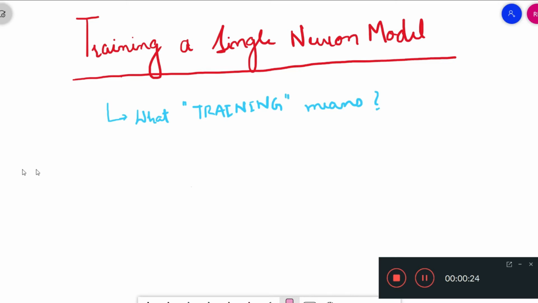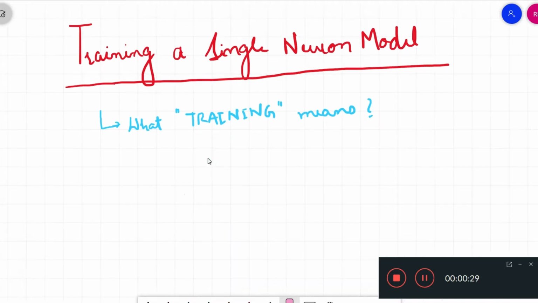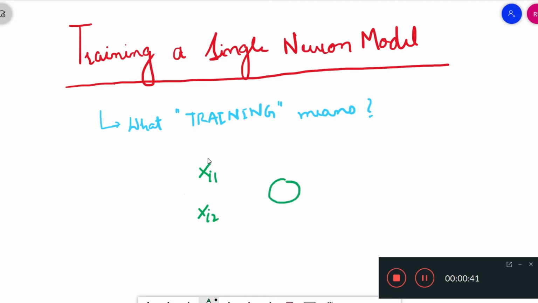So for any neural network model, or say for a perceptron, if the input is coming in the form of, let's say, a data point xi which has two features, xi1 and xi2, and if this is going as an input to our activation function f, and we are getting the target value y cap, then training means finding the weights on the interconnecting edges.